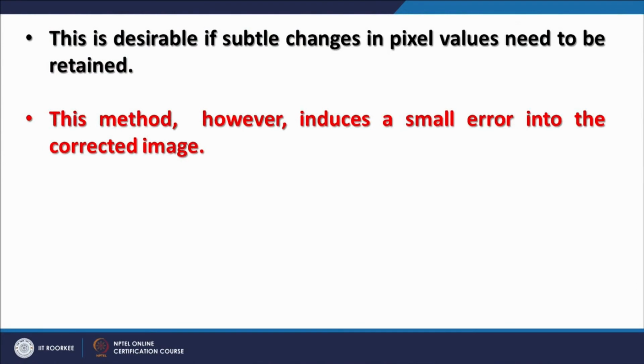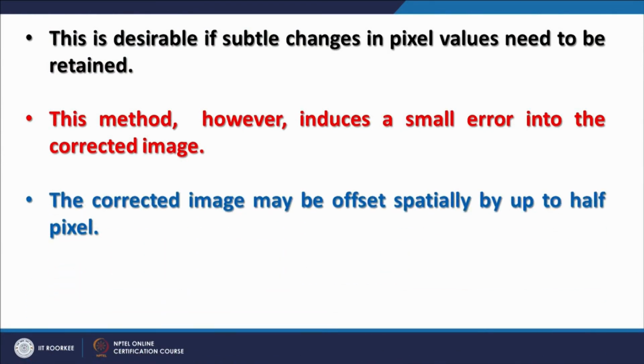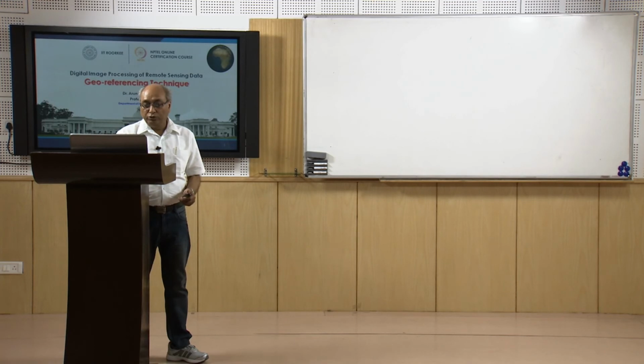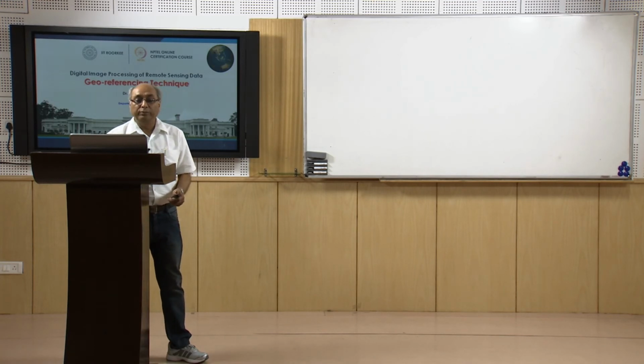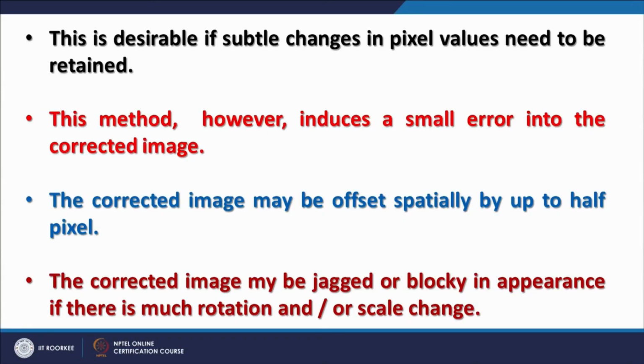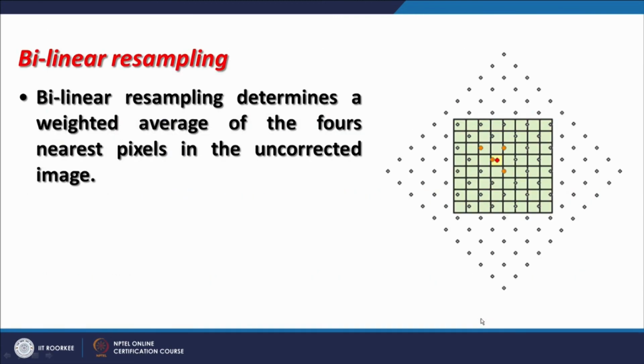And this method, however, induces a small error into the corrected image. The error may be offset partially by up to half a pixel, because we are choosing only one pixel value, so there might be a little error. The corrected image may be jagged or blocky in appearance if there is much rotation or a scale change.